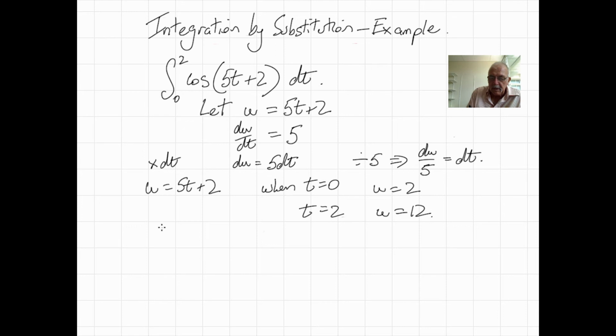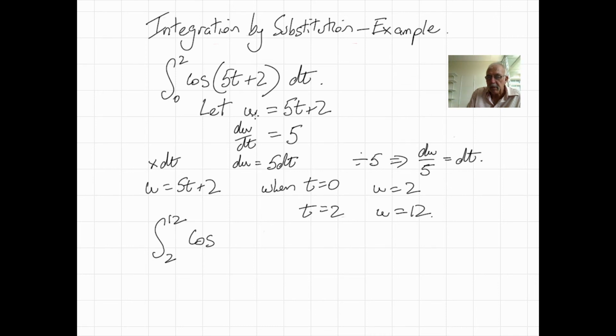So it'll become the integral. Now we're going to do the substitutions. The lower value was 2. The upper value is 12. Cos stays the same.